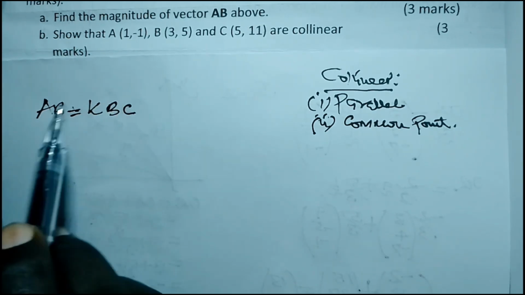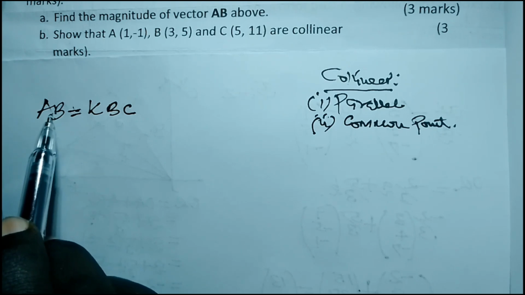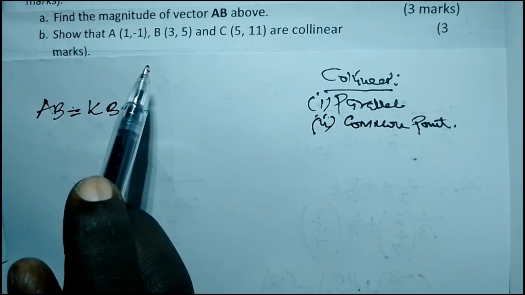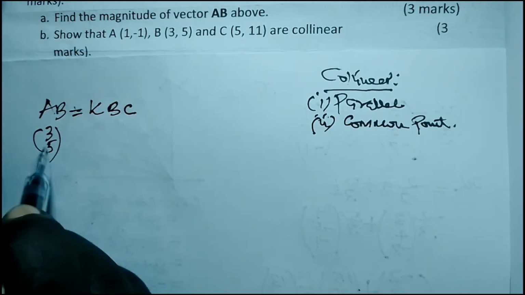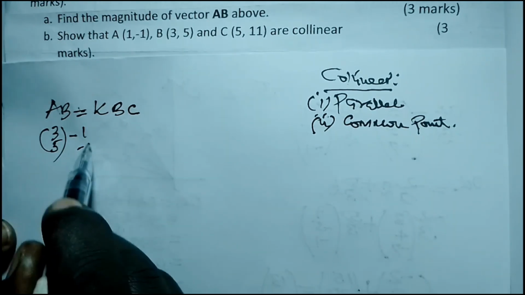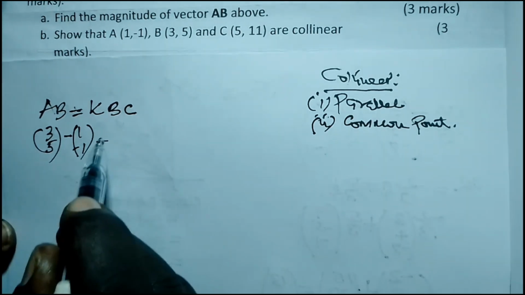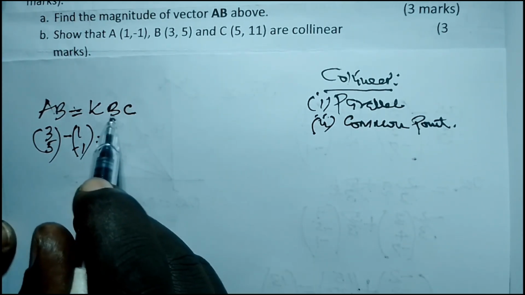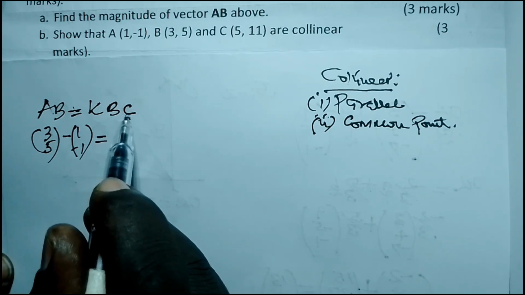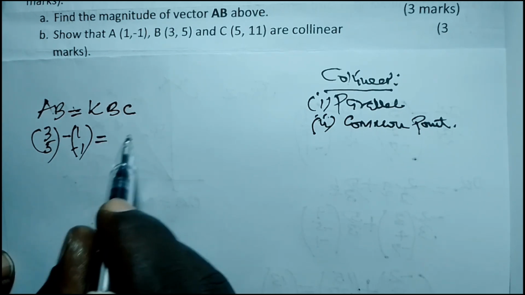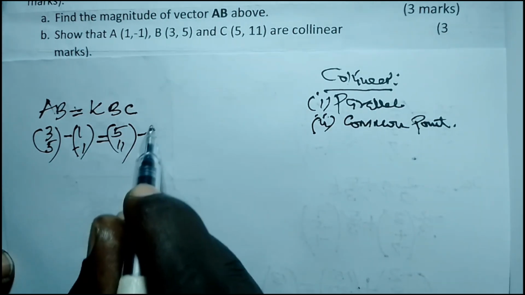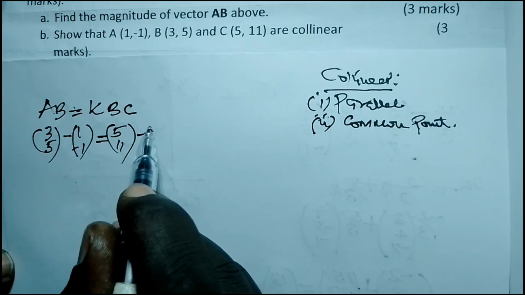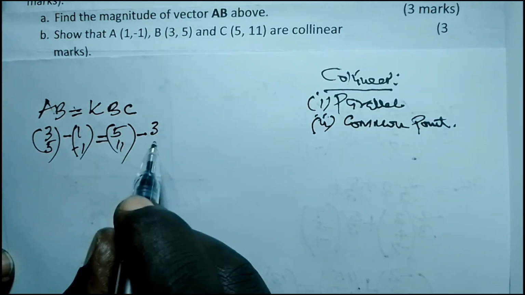The displacement from A to B would be given by B minus A, so this will be 3, 5 minus 1, negative 1, to be equal to the displacement between B and C, which is C minus B, 5, 11 minus 3, 5.